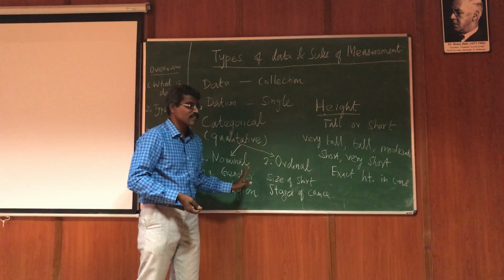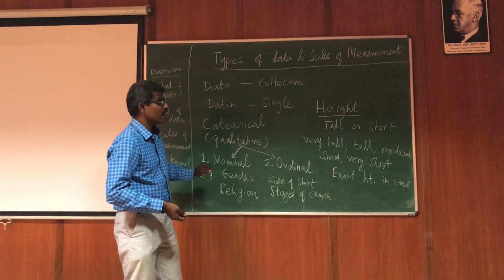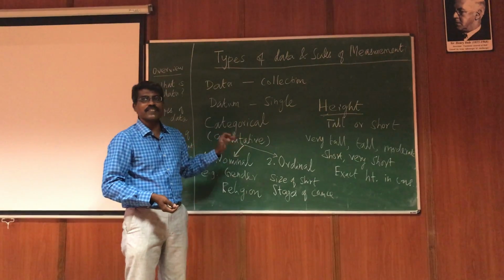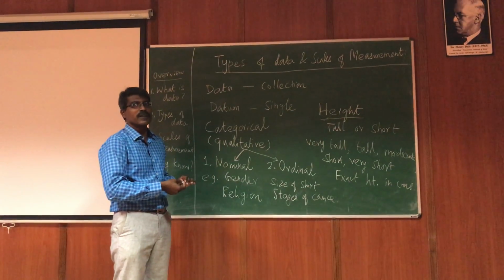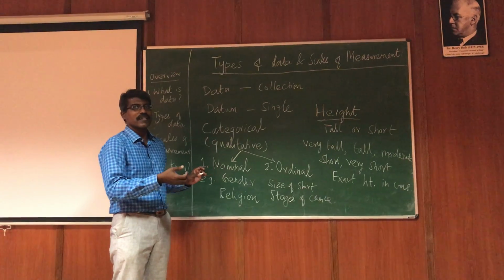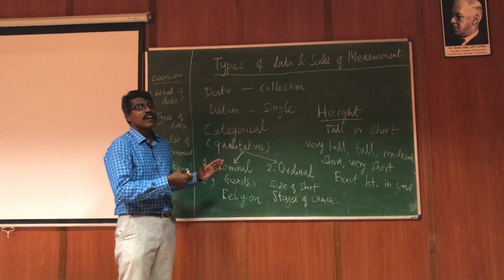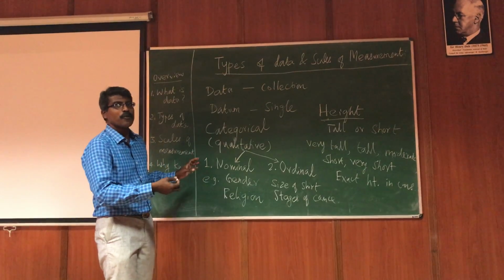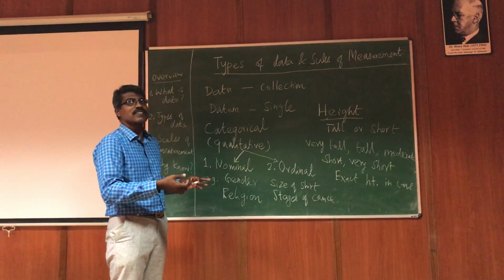We have ordinal, in which we can have a meaningful order. These two belong to categorical data. Numerical data can be discrete or continuous, and it's always better to measure numerical data as a continuous variable rather than dichotomizing it. And the most important thing, why should we know? This dictates what statistical test and what summary statistics we are going to use.